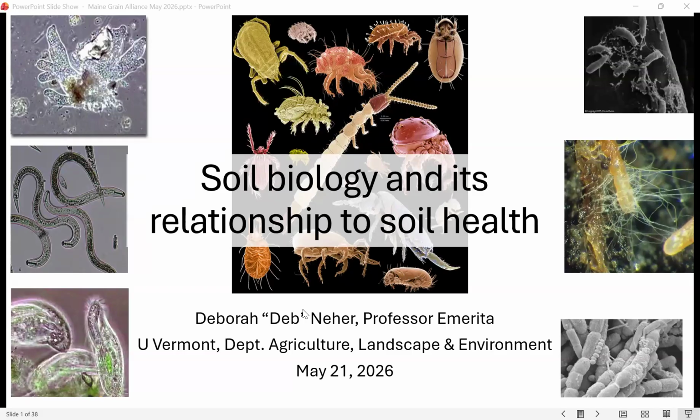And the reason I mention that is because these have been overlooked in soil health because we've had a lack of tools. They're microscopic in size, and all the creatures you see on this slide are microscopic, and you really need to see them either under a light microscope or an electron microscope.